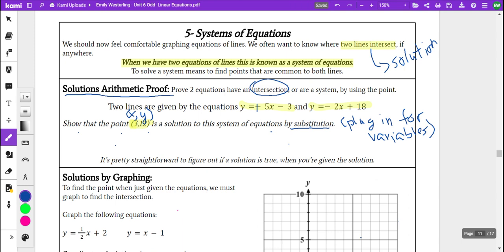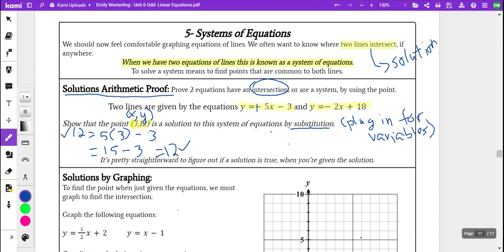So y is 12. For the first one, I'm going to do 12 equals 5 times x, which is 3, minus 3. So that's 15 minus 3, which is equal to 12. That all checks out. 12 is equal to 12.